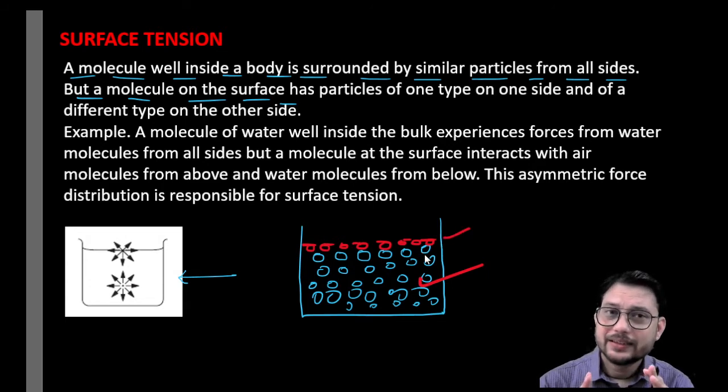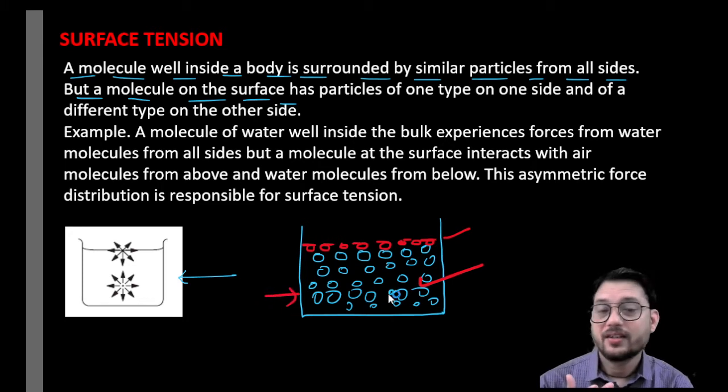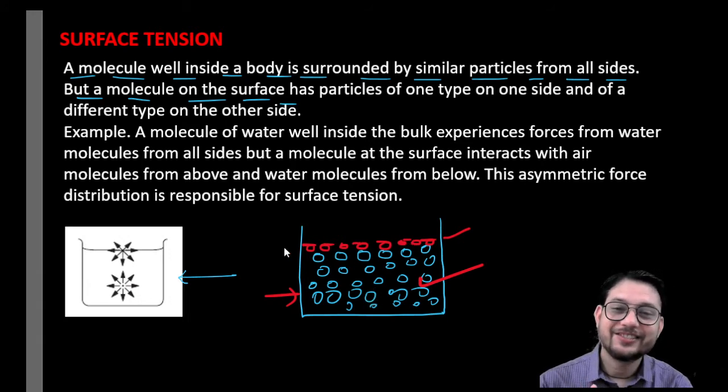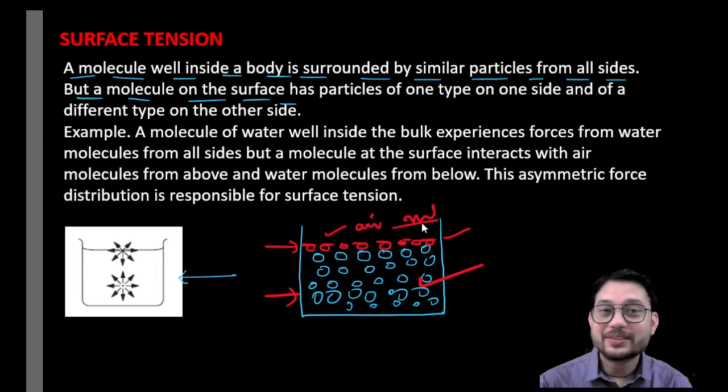The basic difference is that the deeper molecules are surrounded by similar molecules, but in the case of the molecules at the surface, on the upper side there are air molecules, and below there are water or fluid molecules.